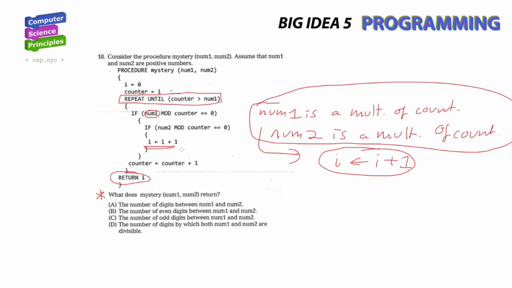and that's when it does this. So keep in mind what mod does. Mod divides the two numbers and finds the remainder. And if there is no remainder, then we know that these two numbers are multiples.